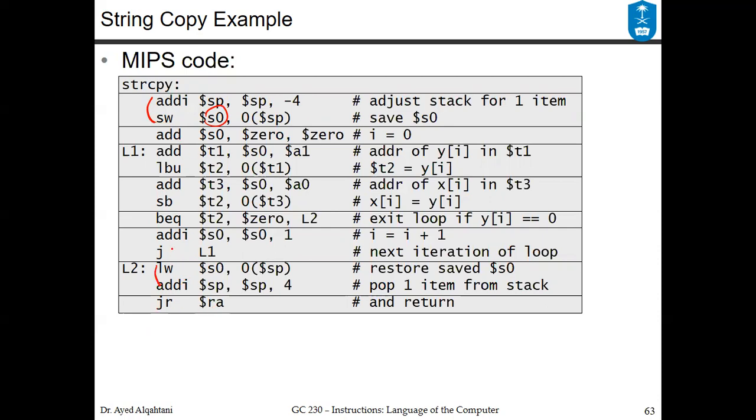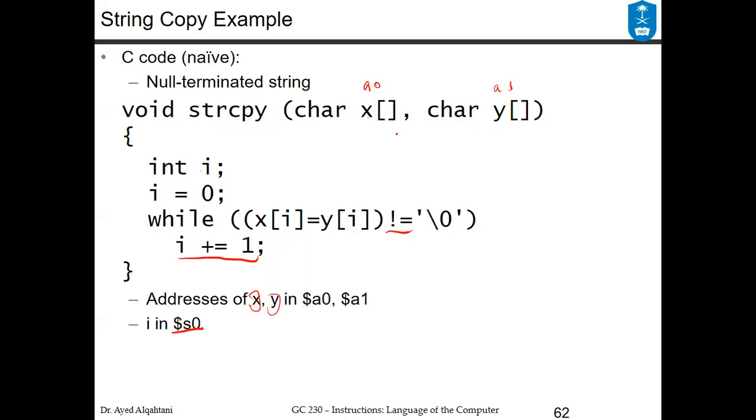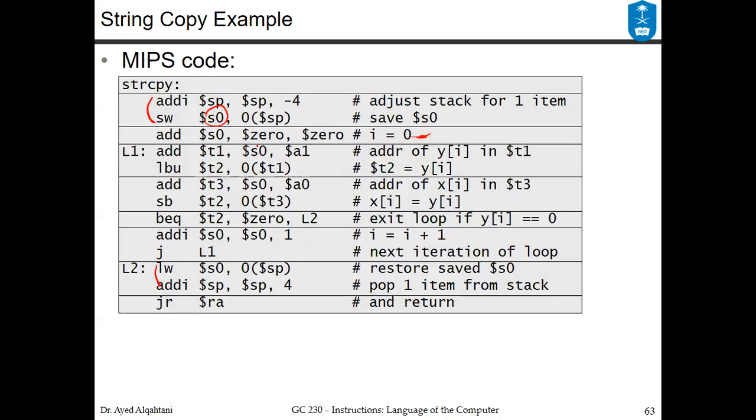Now, inside what we did, first we have I equal to 0 since it is written here. So to do that, we use the add of the 0 register and the 0 register, and this is, of course, 0. This way we assign the value 0 to the S0 because we will use the I as an index, and we start from 0 and then we keep continuing.